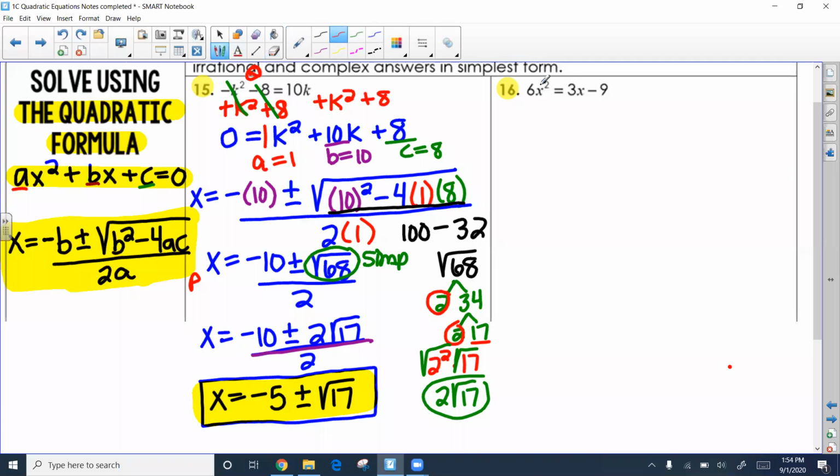And especially when we're doing quadratic formula, it doesn't matter. However, I usually like to keep my leading coefficient positive. So see how this one has a 6x squared, it's already positive. So I actually want to go ahead and keep that where it is. I'm going to get the right side equal to 0 in this case. So I'm going to subtract 3x from both sides.